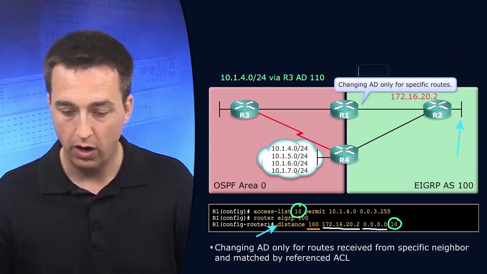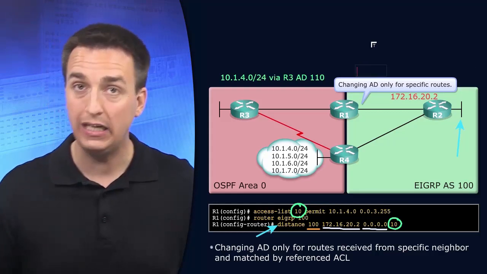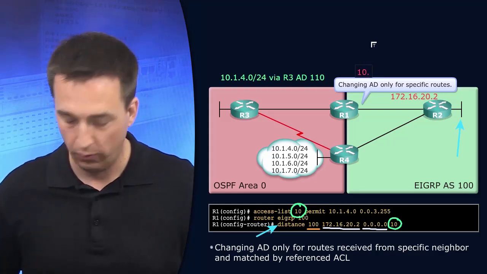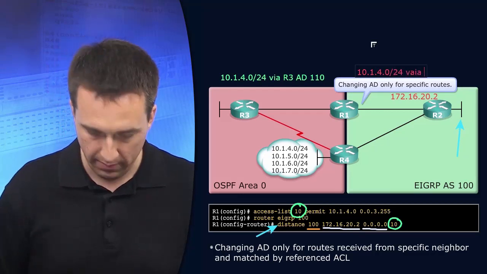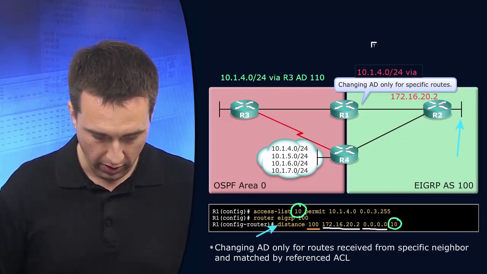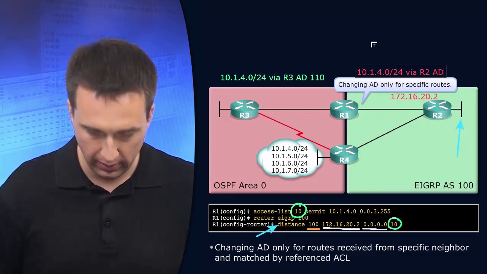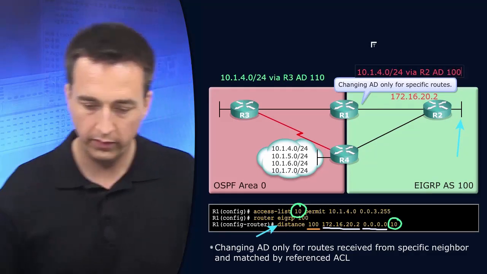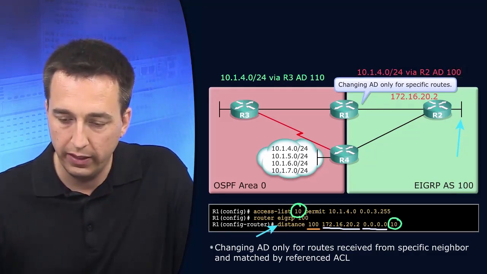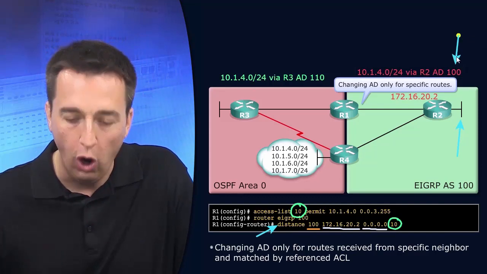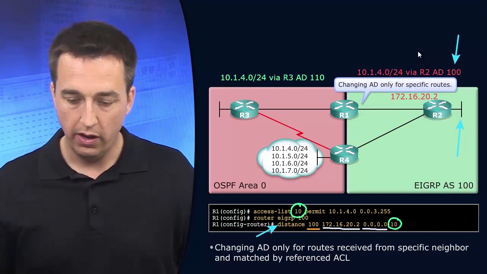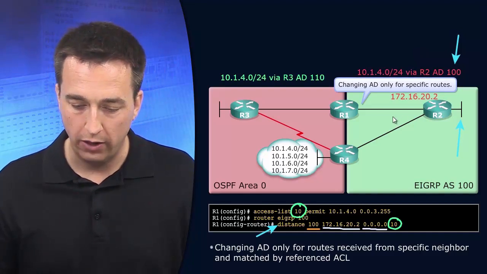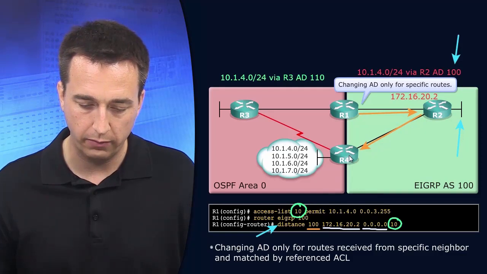Now, our EIGRP route would say 10.1.4.0/24 via R2 AD 100. So now that the administrative distance is lower for the EIGRP learned route on R1, R1 is now going to use this path to get to those networks.